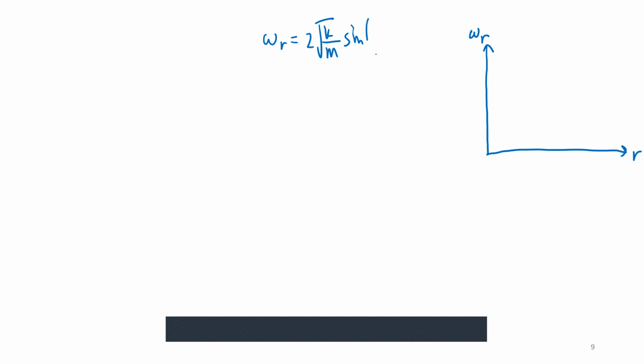So let me just draw a picture here. I'm plotting omega r versus r. So we recall this formula: omega r equals 2 square root of k divided by m times sine of this.